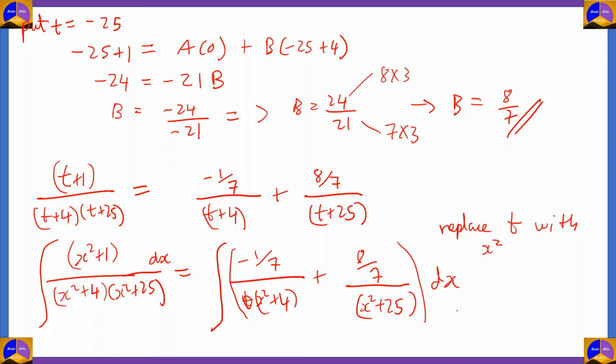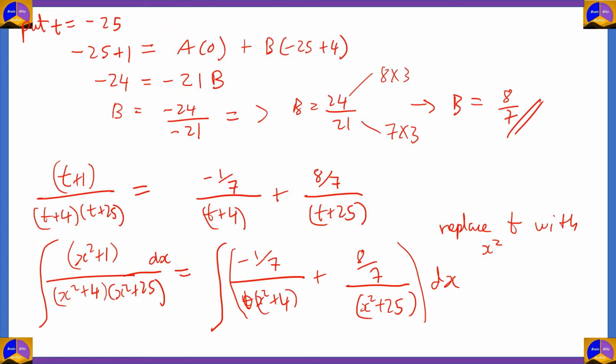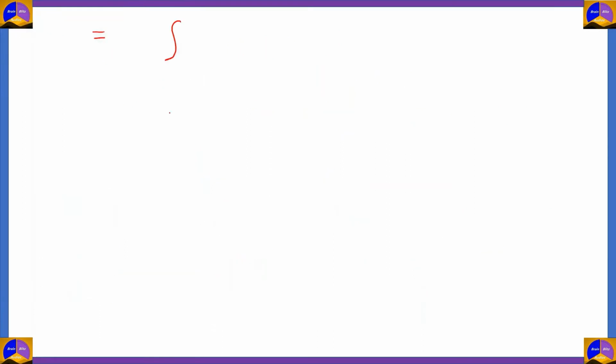Next, what is our step? It's pretty easy from now on. What we do is we separate the integral. So that is integral of, and over here we have minus 1 by 7. That is actually constant, so we can take it outside. So minus 1 by 7 times integral of dx divided by x squared plus 4.